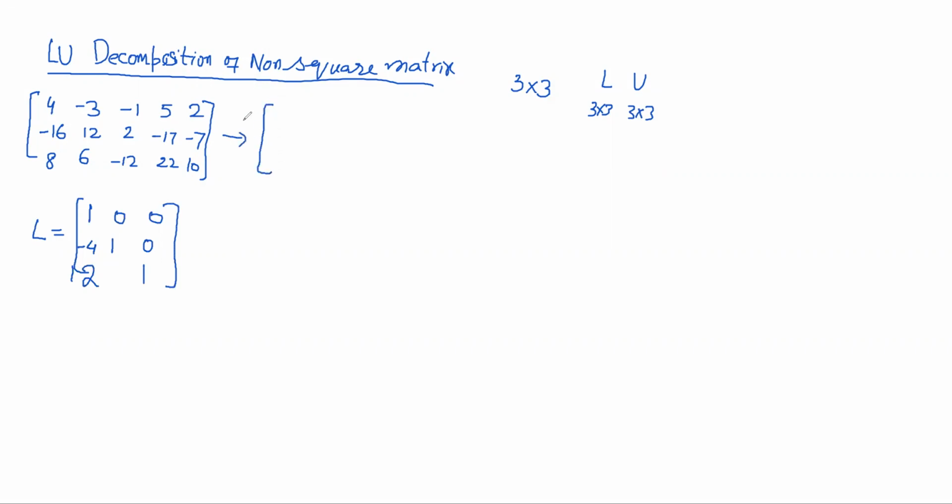So for U, we will apply a row operation. What will be that row operation? We will multiply the first row by 4 and add it to the second row.